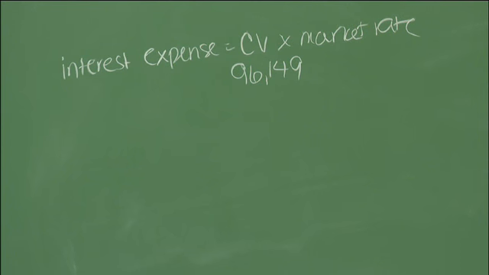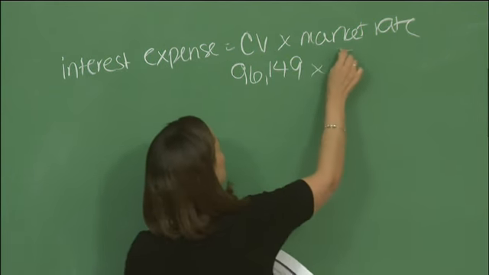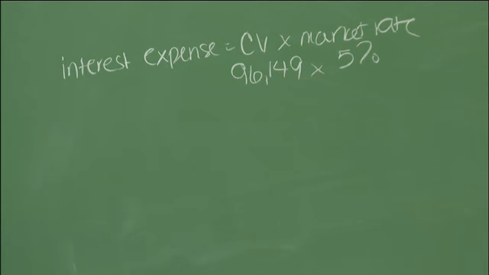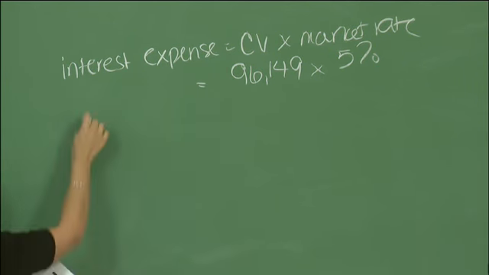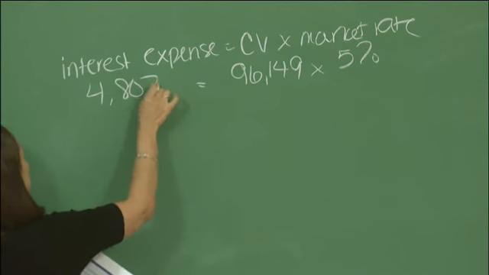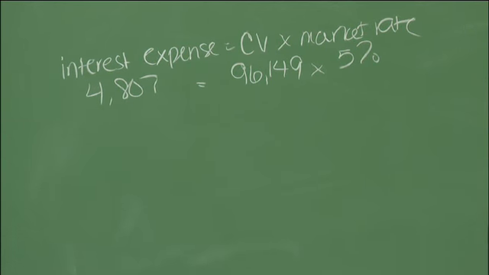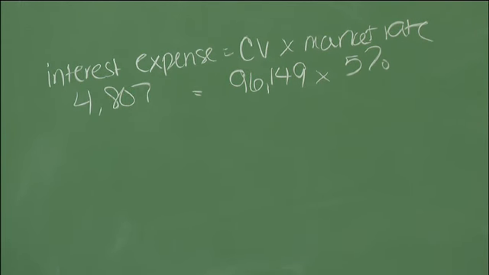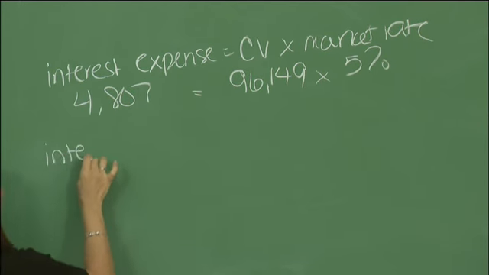We haven't amortized any of the discount yet. We multiply that by the market rate of interest per period. Here, market rate of interest is 10% per year, so 5% per period. So when we calculate this, we get interest expense of $4,807. Next thing that we calculate is the interest payment.